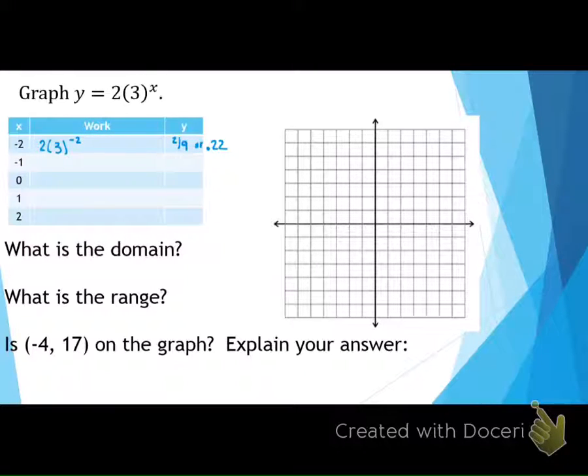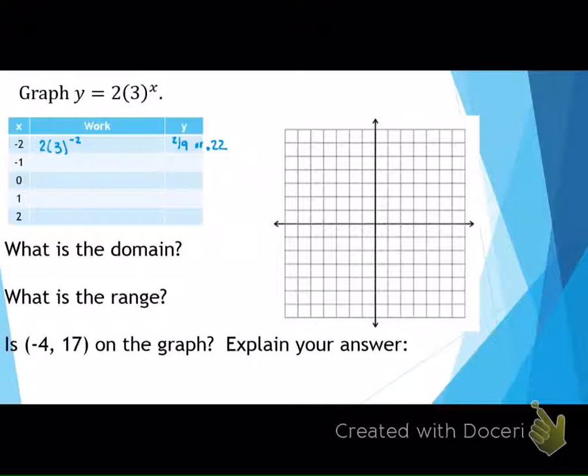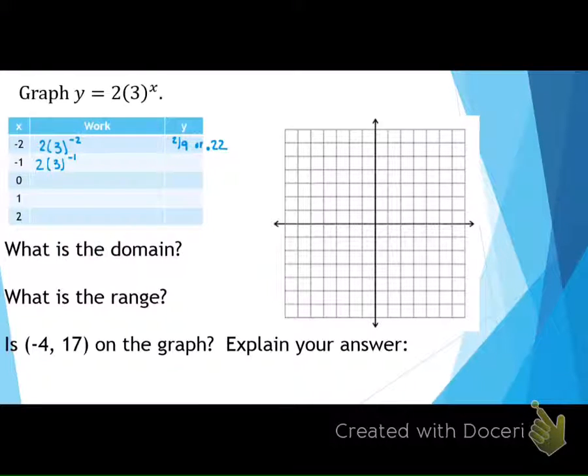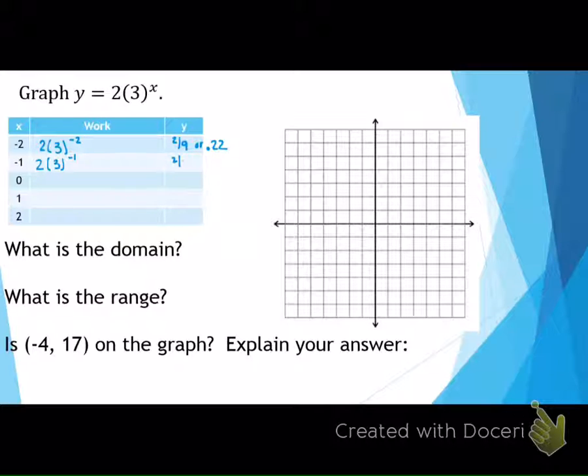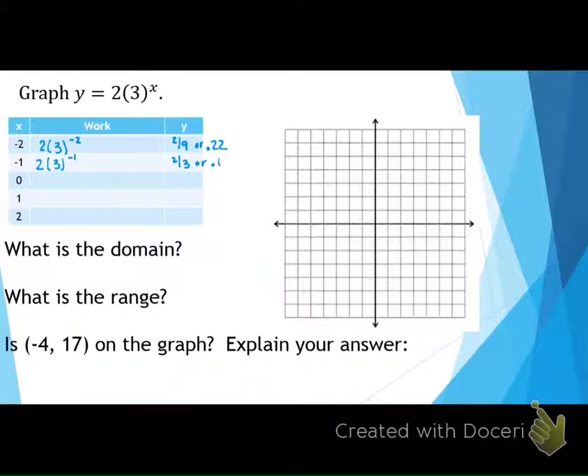Jacqueline, get the rest of your table done. Guys, get your table done before I get it done so that you know if you're understanding it or not before you leave my room. So that's 2/3 or 0.67.